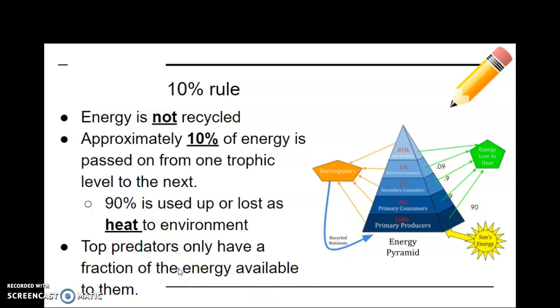The 10% rule also explains why food chains can't get overly long. It's because top predators only have a fraction of the energy that's left available to them.